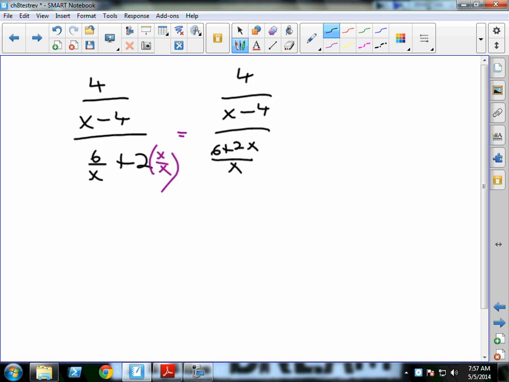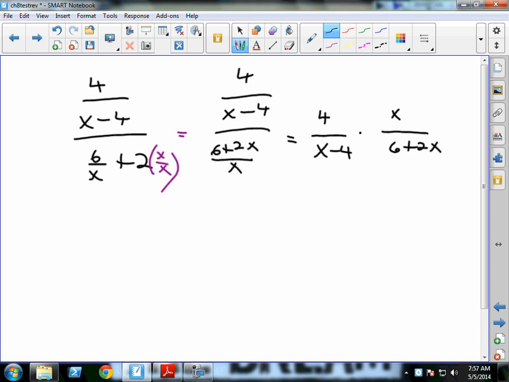So remember with fractions, when you divide fractions, we leave that first fraction, 4 over x minus 4, alone and we invert the second one and multiply. So I'm going to flip the second one and multiply x over 6 plus 2x.